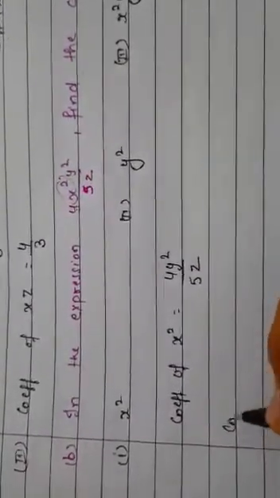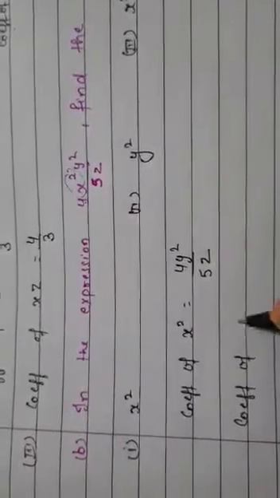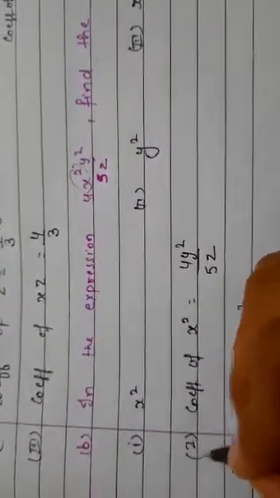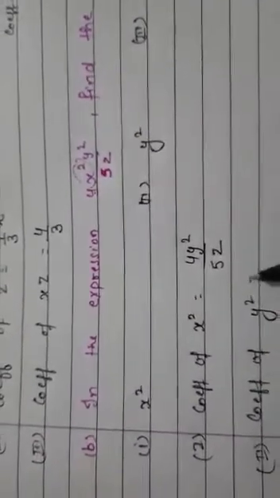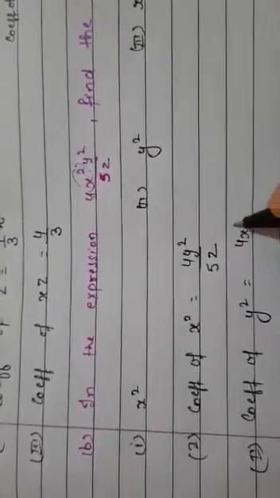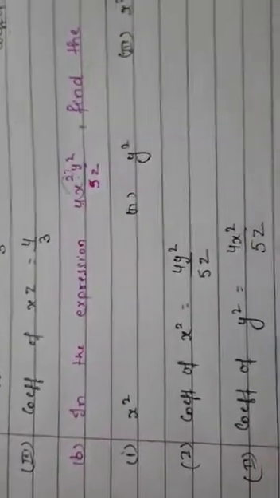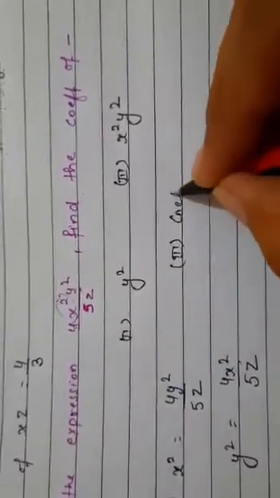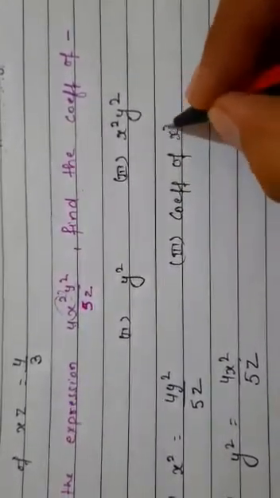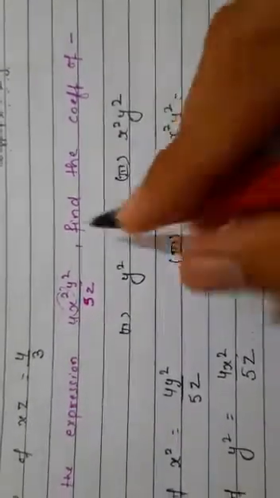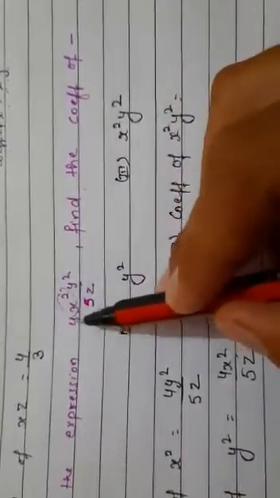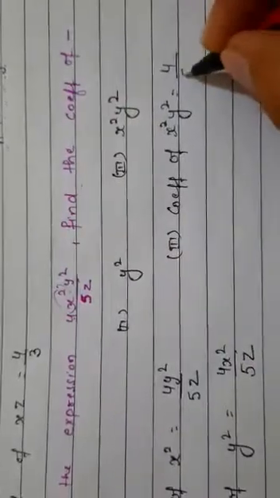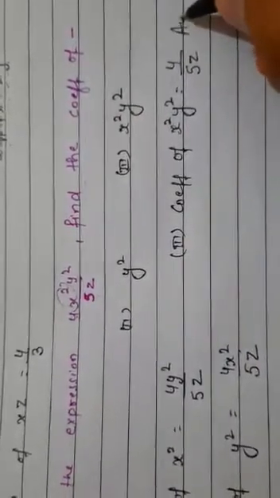Next we write the coefficient of y square. This is the first part, this is the second part. Leaving y square, it is 4x square upon 5z. Now the last, third part: the coefficient of x square y square. Leaving both x square and y square, 4 by 5z is the answer.